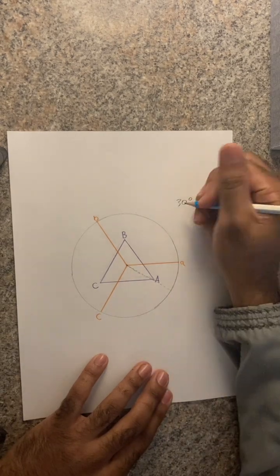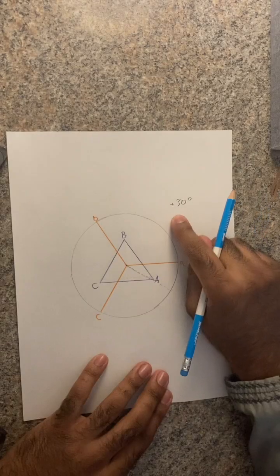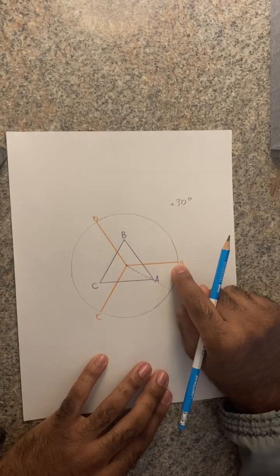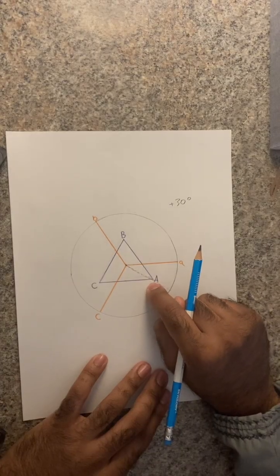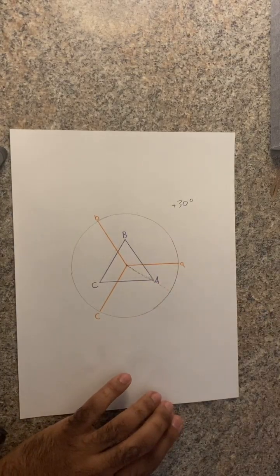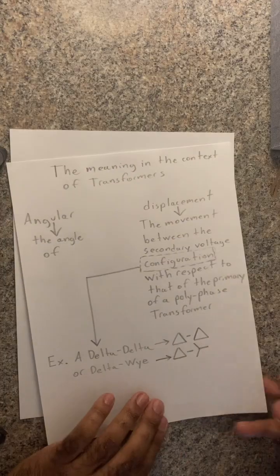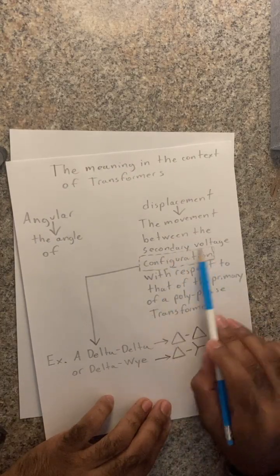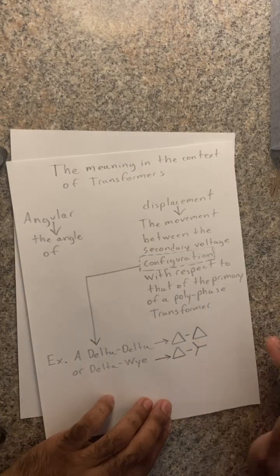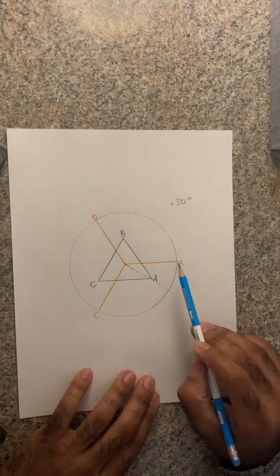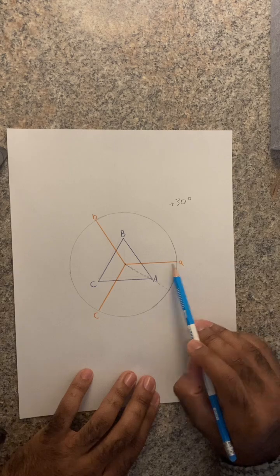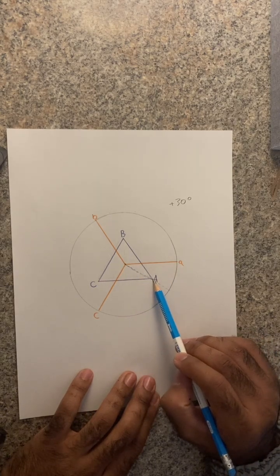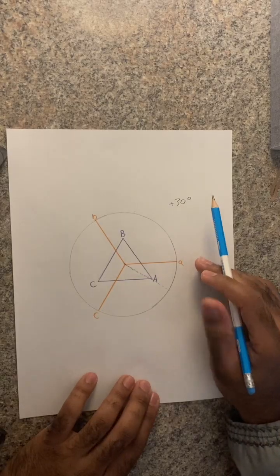In this situation, this would be plus 30 degrees because this indicates that the secondary side is leading the primary side. As we remember, it is the secondary voltage configuration with respect to the primary. The secondary voltage configuration with respect to the primary voltage configuration is leading by 30 degrees.